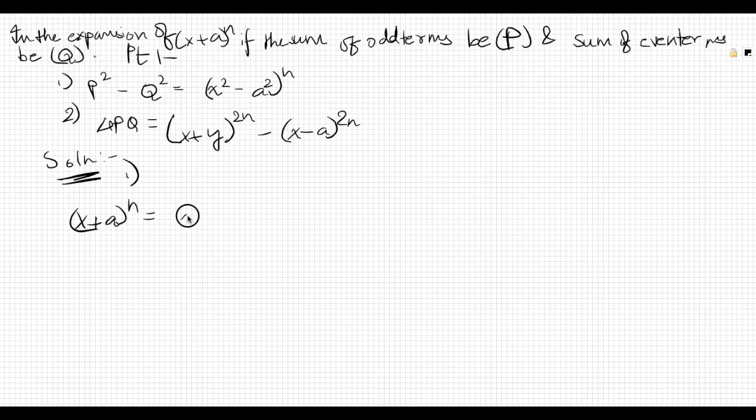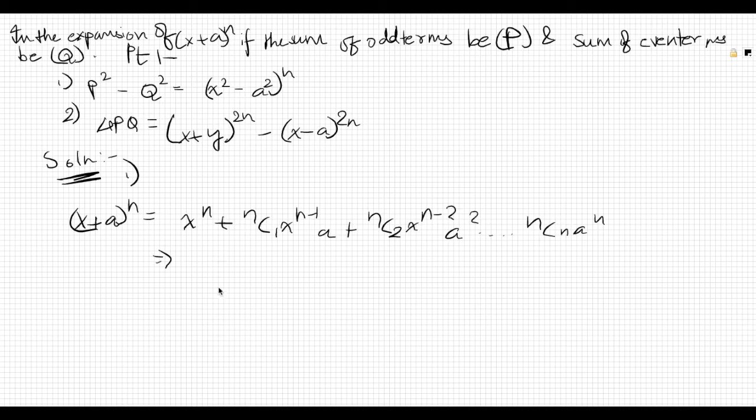That gives us x to the power n plus nC1 x to the power n minus 1 a plus nC2 x to the power n minus 2 a squared, and so on till nCn a to the power n. Now when we group the terms, the odd terms give you x to the power n plus nC2 x to the power n minus 2 a squared and so on.